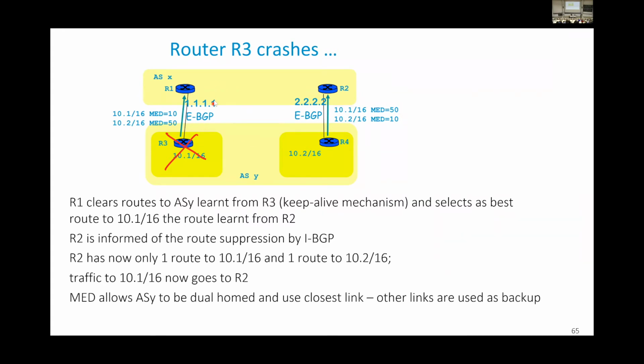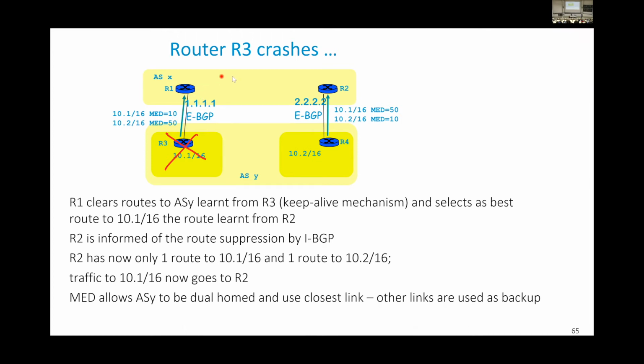So for example, if this router crashes here, what will happen? Let's follow the sequence of events. Well, the keepalive mechanism will detect the crash here, or some other mechanisms, perhaps also the lower level beaconing mechanism may detect it. Therefore, R1 will cancel the route, all those announcements that are kept in the RIB-in.